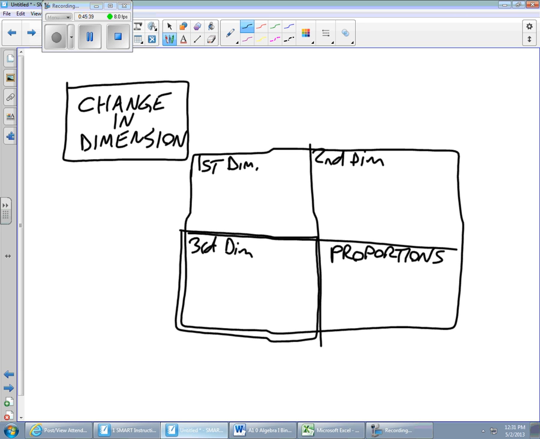Okay, what we're going to do is write in the different measurements that we have in these different dimensions. Okay, first dimension, scale factor. Scale factor is a first dimensional measurement that we deal with. And it's first dimensional because the scale factor directly refers to the relationship amongst the side lengths. Okay, so scale factor and side lengths are both first dimensional measurements.